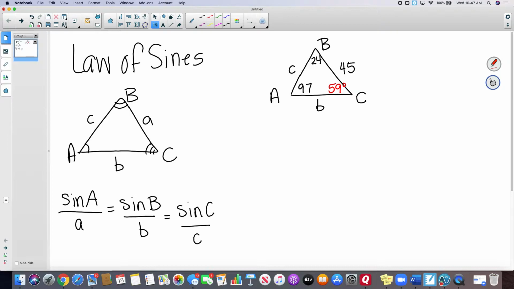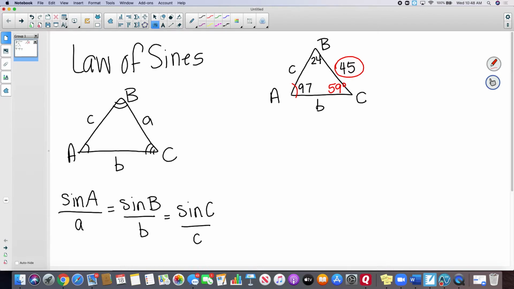Now to solve for little b and little c, we need to use law of sines. We have an angle measure and the side across from it, and that's what you're hoping for, because law of sines is easier than what we're going to learn next, which is law of cosines.